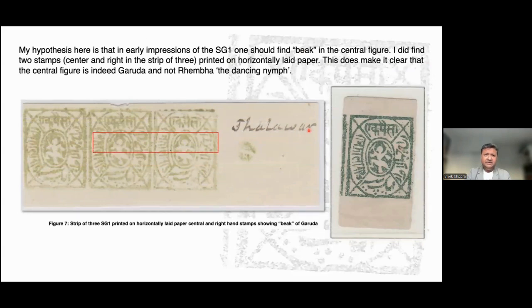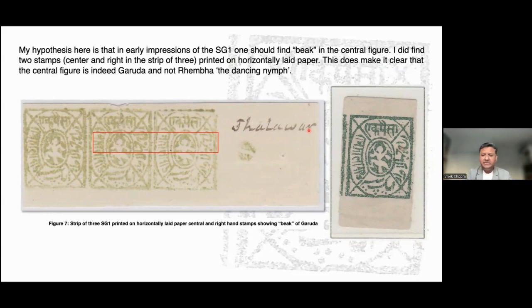So my hypothesis is that in the early impressions of the SG1 issue, one should be able to find this beak, right, which will show that this is actually indeed Garuda, not Ramba, the dancing nymph, right?